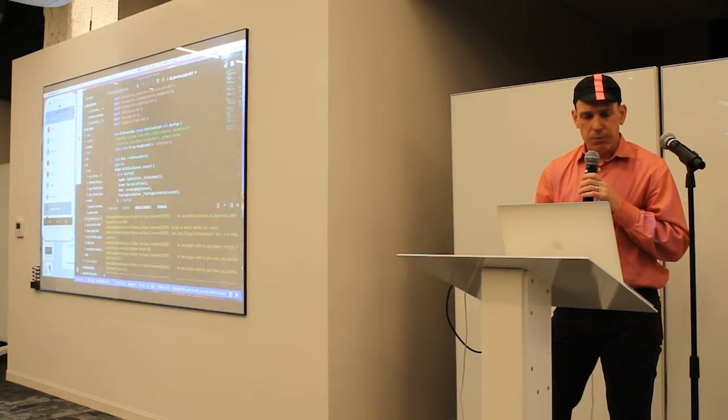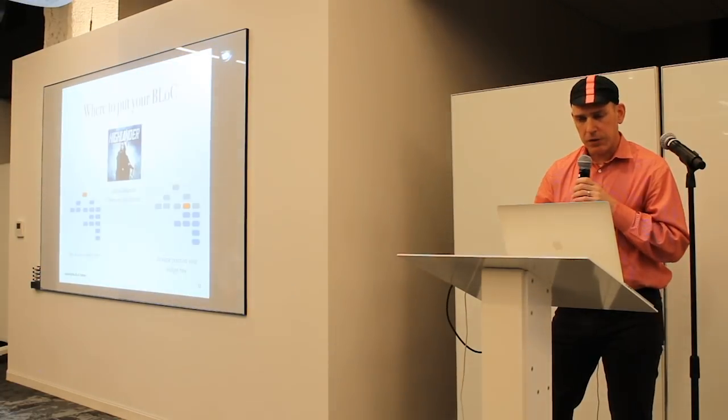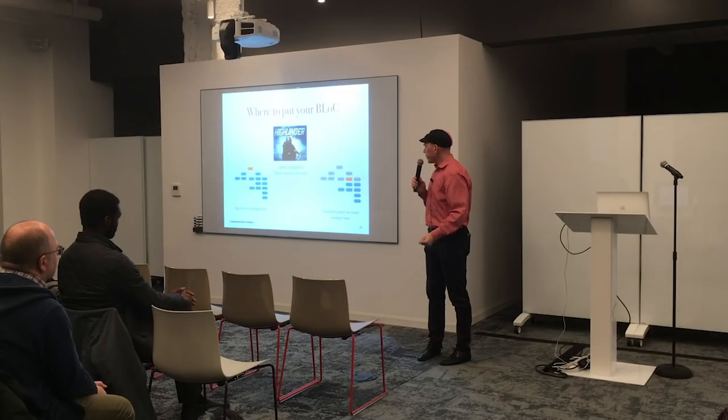And we can do these all in BLoC too. It takes a little bit more time. So that's something. Okay, so where you put your BLoC, there's some options. One is the global singleton. Some people don't like singletons, so they just put it at the top of the widget tree. I guess that's better. I don't know if it's better or not, but it's more work.